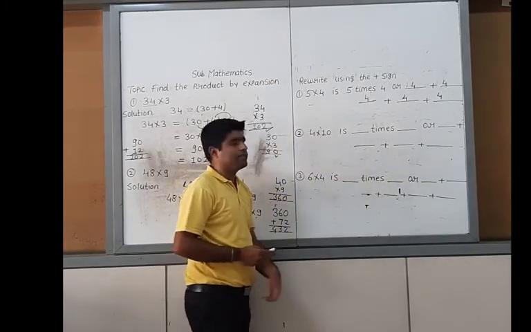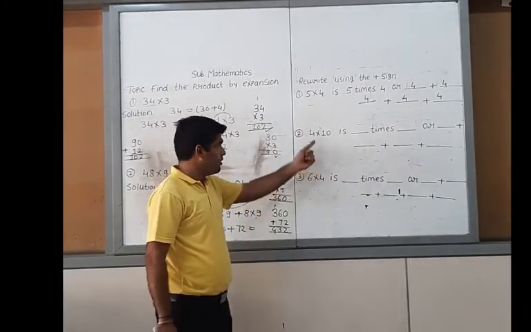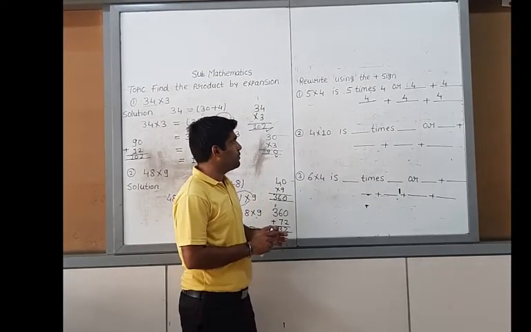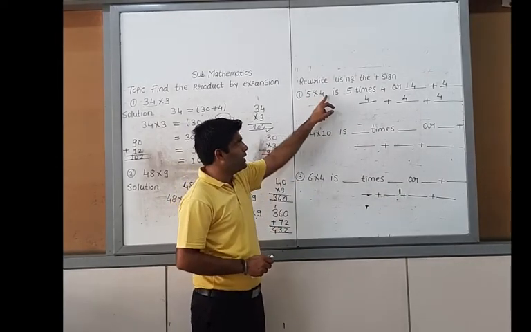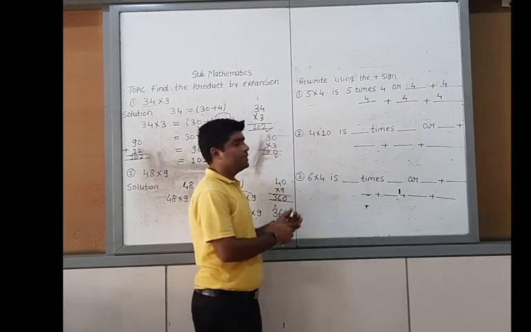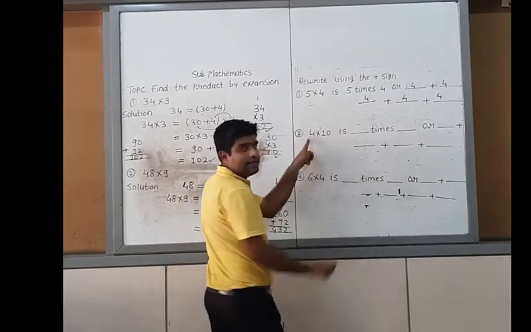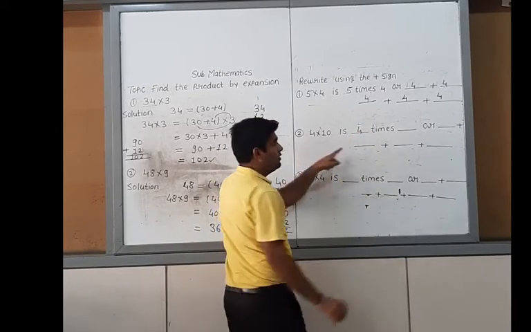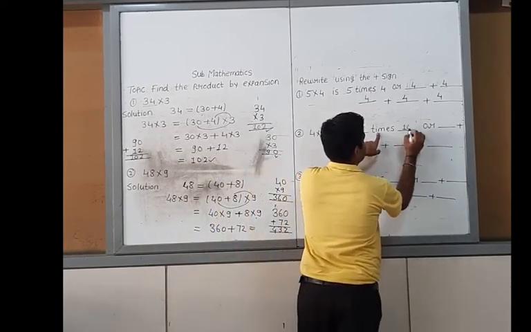Now the next example. 4 multiplied by 10, the same way we have to write it. This is our 4 times 10.